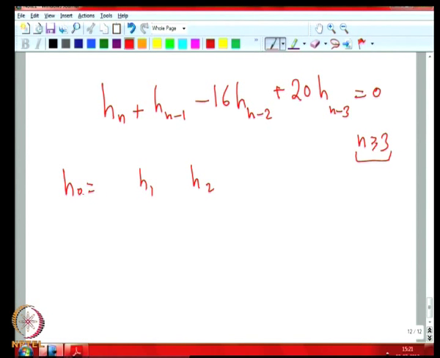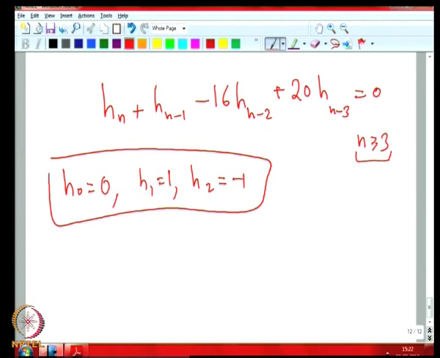Let us take h0 as 0, h1 as 1, and h2 as minus 1. These are the initial values. Now we can write down g of x straight away, if you remember what we did last time.